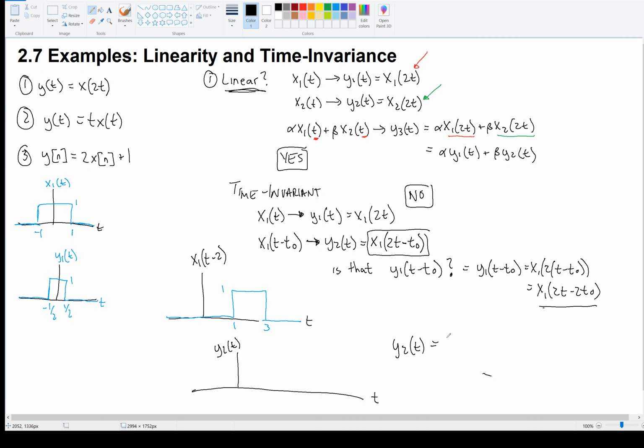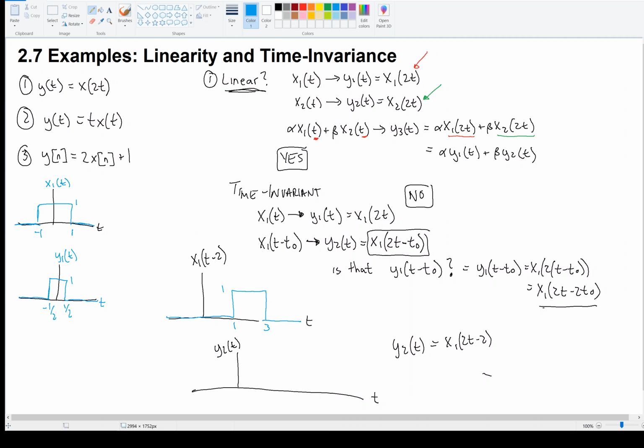So I would get out x1 of 2t minus 2, with the time scaled by 2. I'm replacing the t variable with 2t. That's what the system is doing.